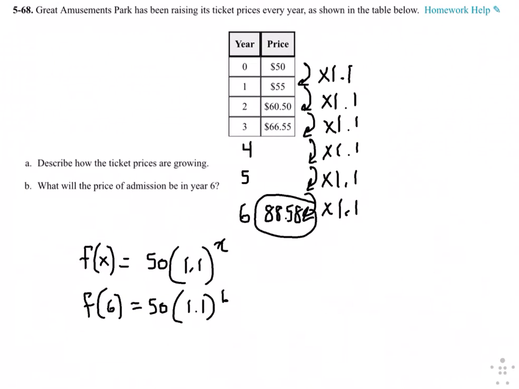And I could type that into my calculator, right? 1.1 to the 6th times 50. And I'd get 88.58. So either way, since it was only the 6th term, just multiplying again isn't a bad idea. But you clearly should know how to write this for a geometric sequence.